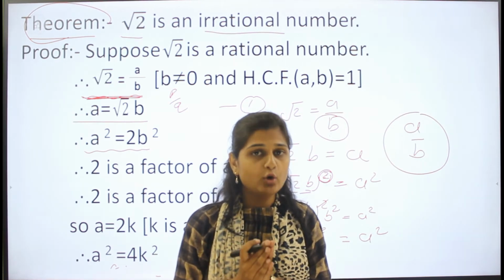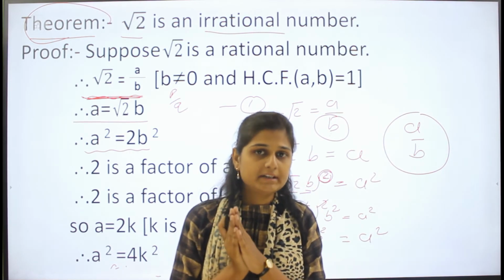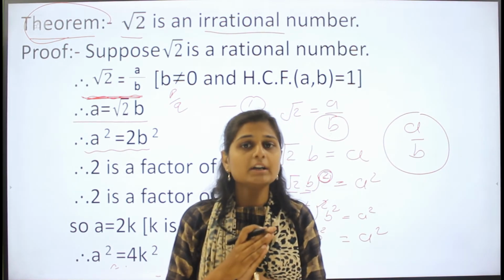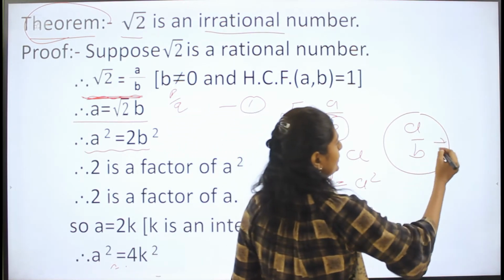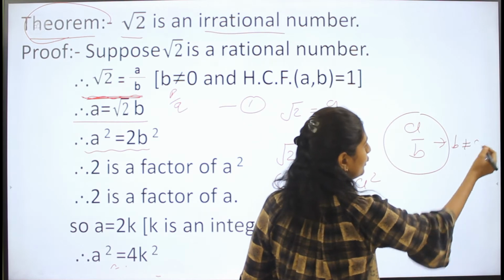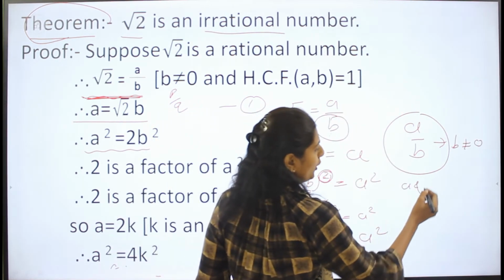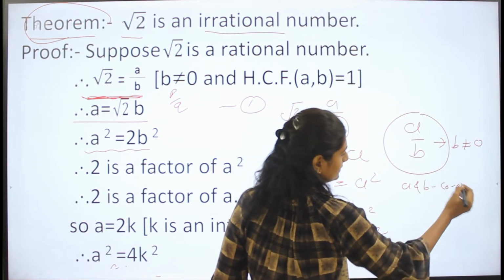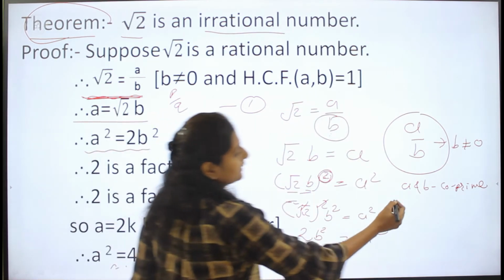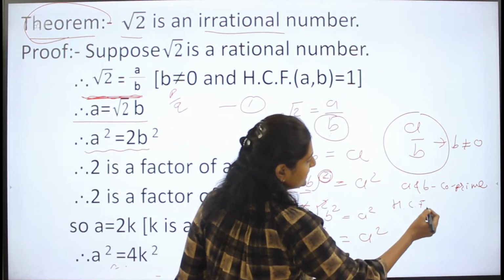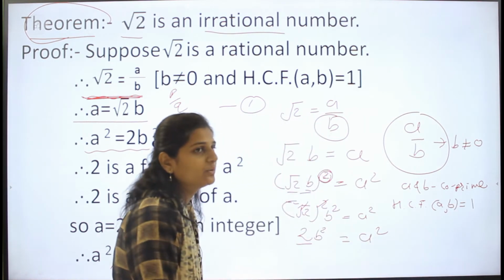If you want to go through the detail of this, you can go through the introduction video. So here the value of B should be not equal to 0, and A and B should be co-prime numbers. What is the meaning of co-prime numbers? That means the HCF of both of the values should always be equal to 1.